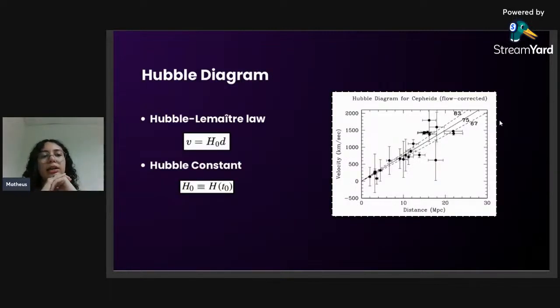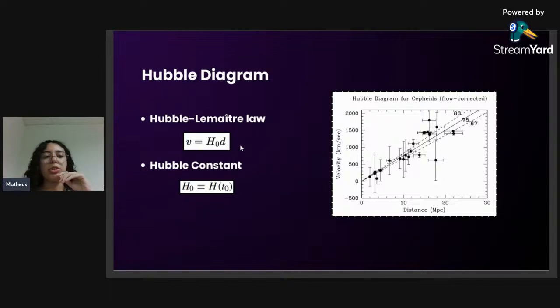This is the Hubble diagram, for example. With the Hubble diagram, we can try to understand the expansion of the universe. With the Hubble law, we relate the velocity of the galaxy with the distance of this galaxy.